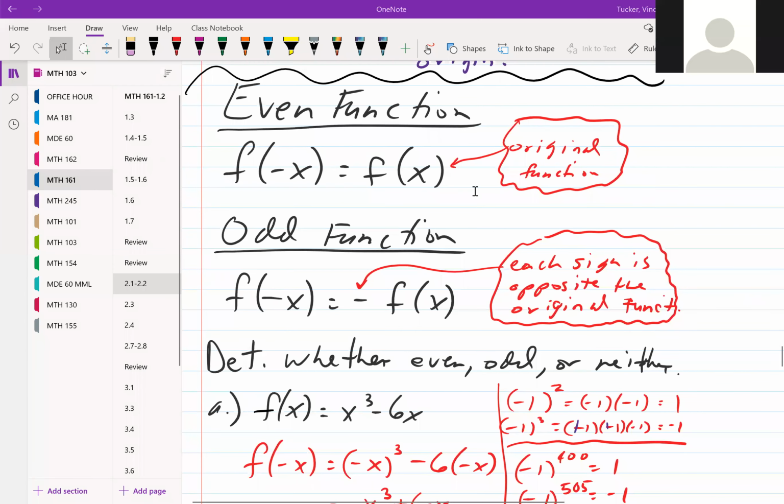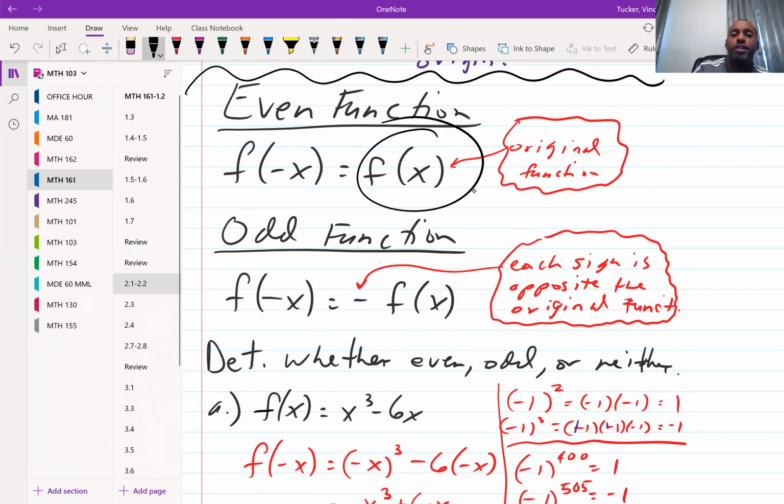All right, so starting off with even and odd functions. To test whether you have an even or odd function, we're going to plug negative x into our function. When you simplify it, if you come out with your original equation, then it's considered even.